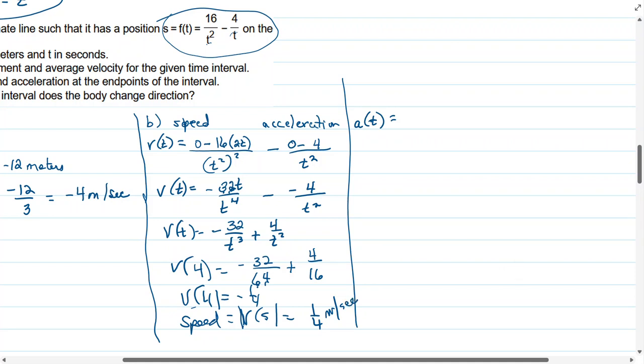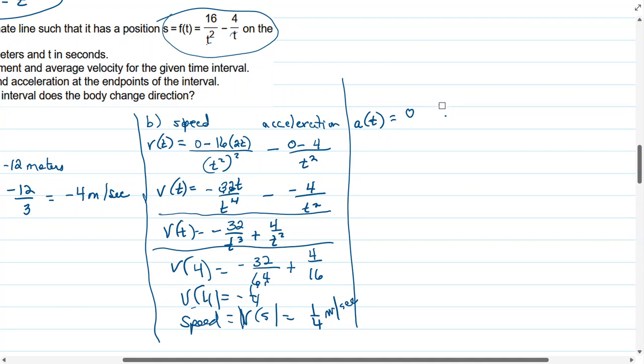Acceleration is the derivative of v of t, and this is what we had. So the derivative is going to be a negative 32 times the t. I'm sorry, this is it. Oh, so it's 0.